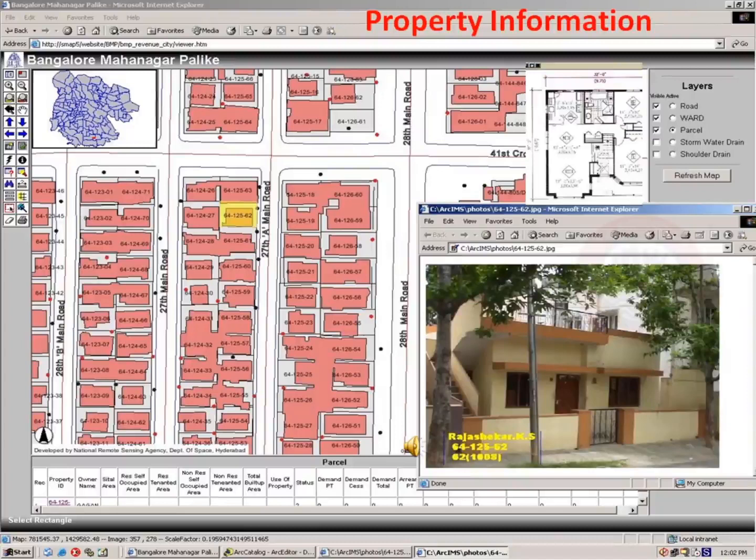Also, property details of individual households, including building photos and approved building plans of each property with attribute information, can be obtained from the GIS map.